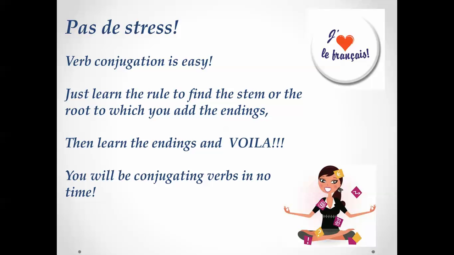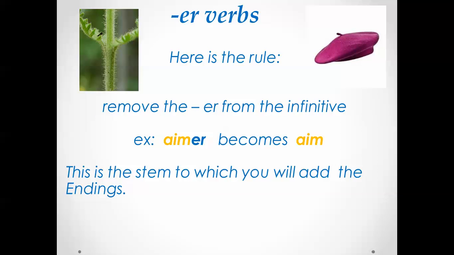You just have to learn the rule for the ER verbs that tells you how to find the stem or the root to which you're going to add the ER endings. Then you learn the endings and voila. You put the two things together and you're now conjugating verbs. And conjugating, once again, just means putting it in the form that it needs to be so that it matches the subject. Okay, so what's the rule for regular ER verbs?